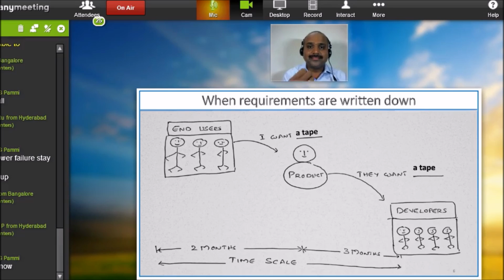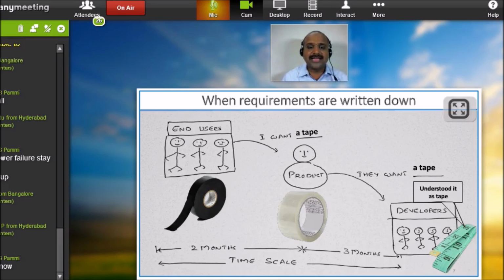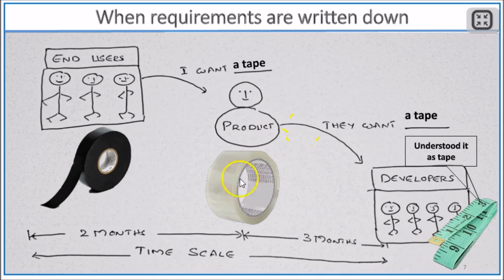For example, in this scenario, our end user says, I want a tape. The product owner says they want a tape. And the developers feel, yes, I understood, the end users want a tape. Now, when the end user says, I want a tape, probably they have an electrical tape in mind.